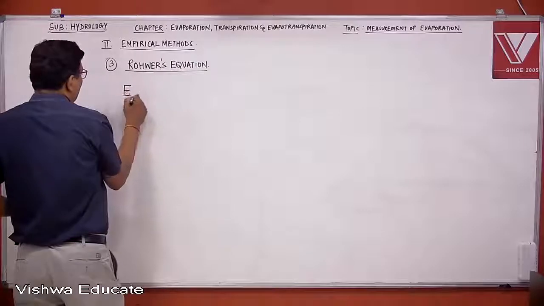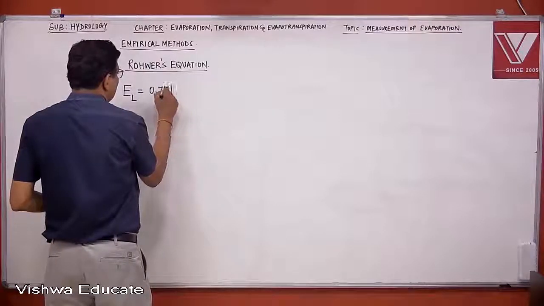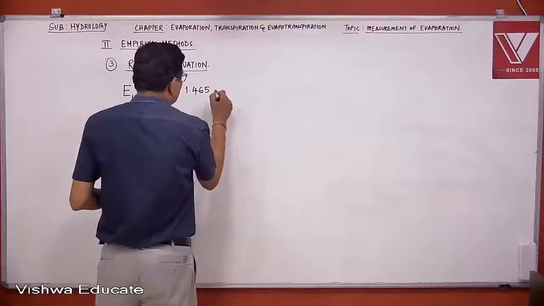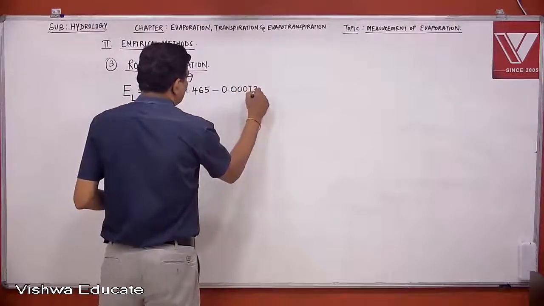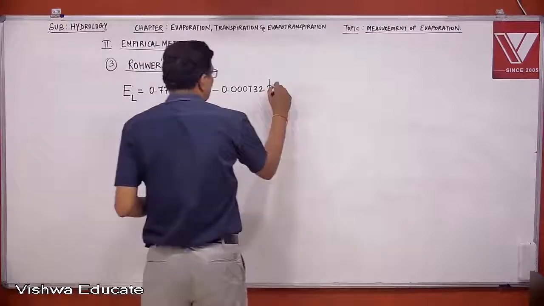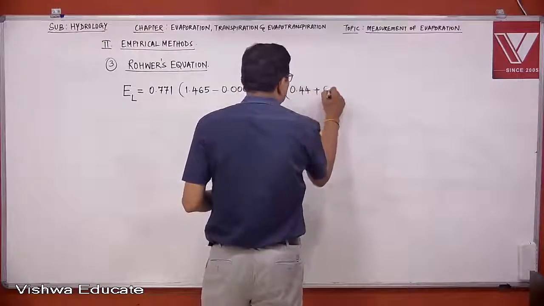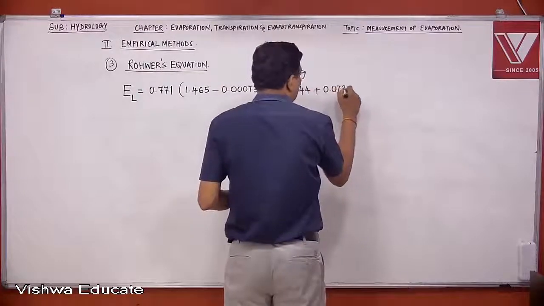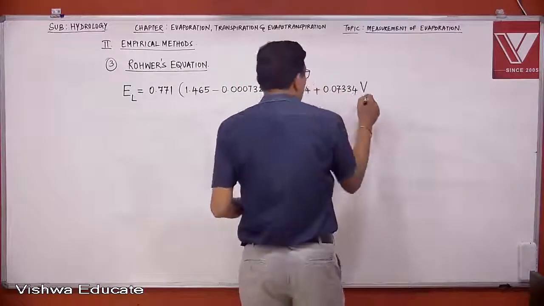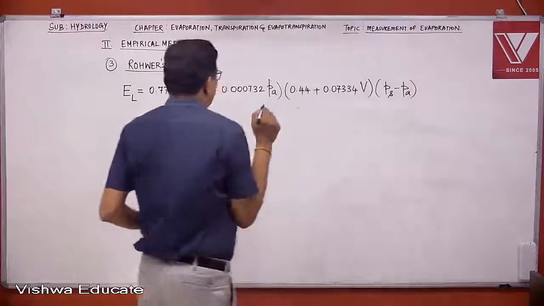So he says the evaporation loss in this case is given by 0.771 times (1.465 minus 0.30732 PA) times (0.44 plus 0.07334 V), multiplied by (PS minus PA).